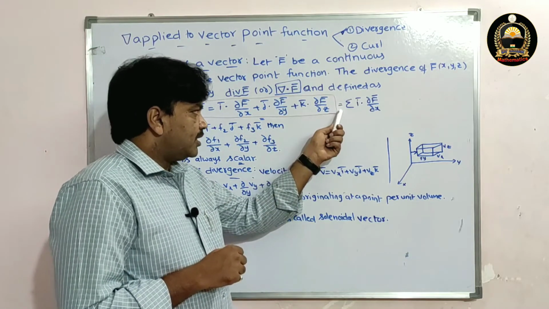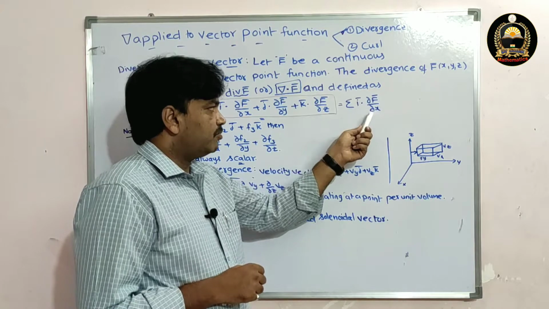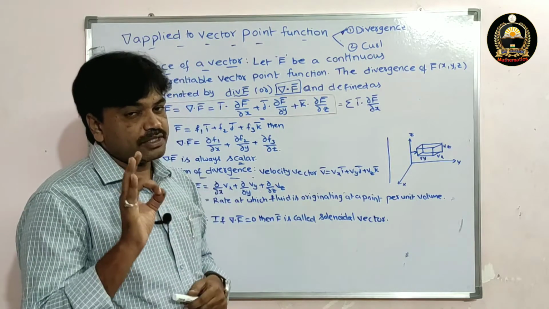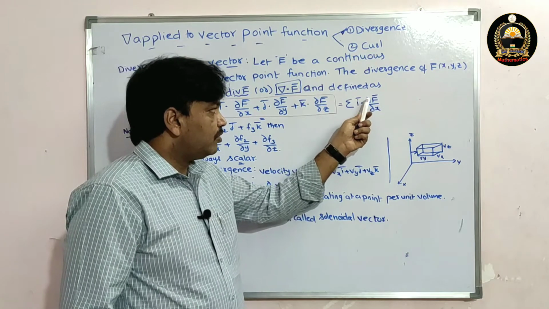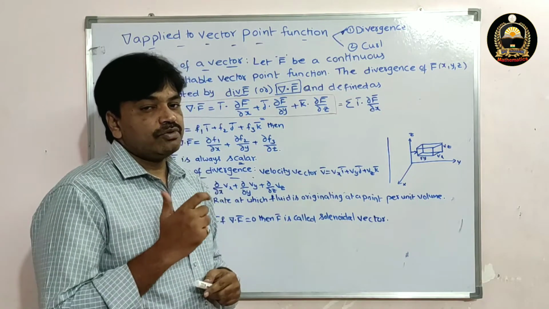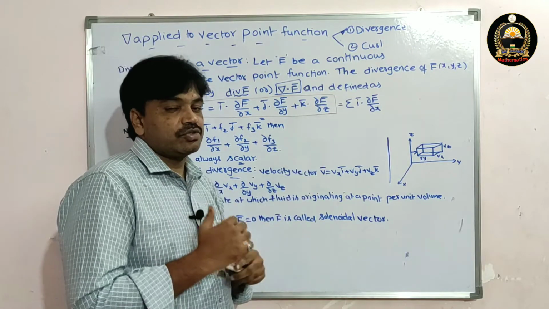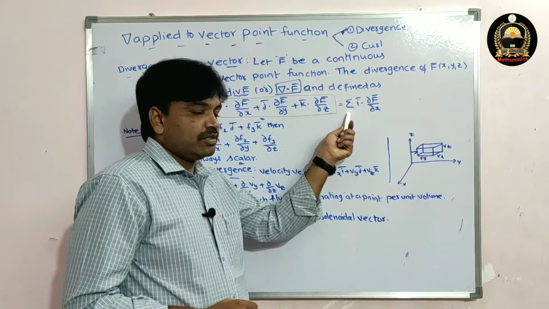This can also be written as sigma i bar dot dou f bar by dou x, because we are using this notation in further concepts. So please remember this one also, students.